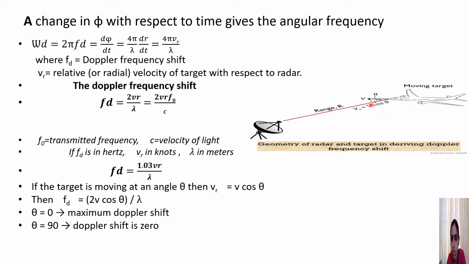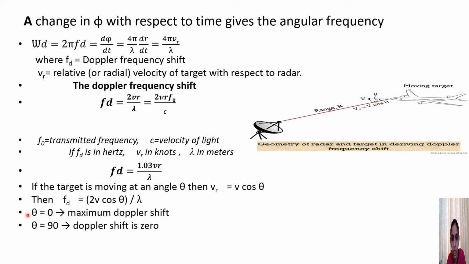Now considering this particular figure, the radial velocity Vr is expressed as V cos theta, where theta is the angular shift. So we can write Vr equal to V cos theta, and fd can be written as 2V cos theta divided by lambda, since we are replacing Vr with V cos theta.